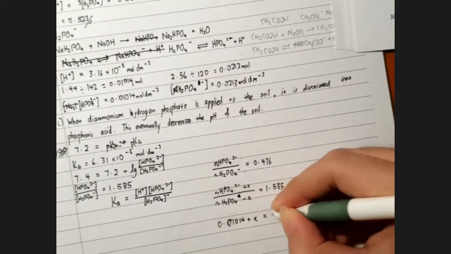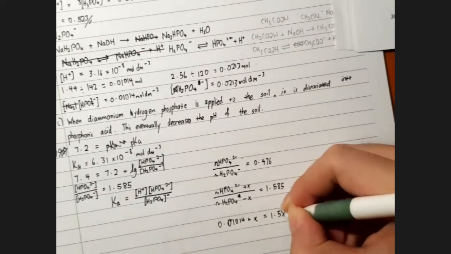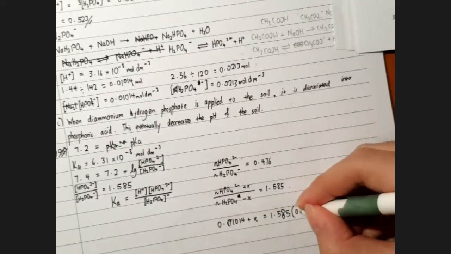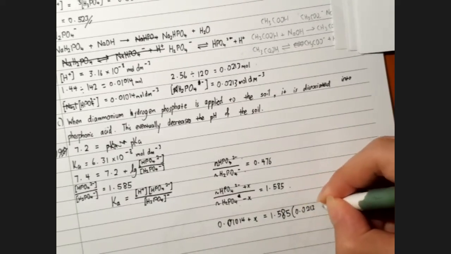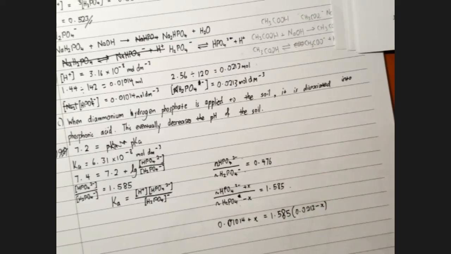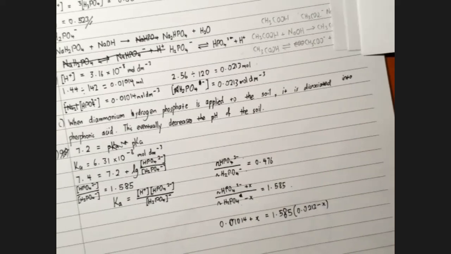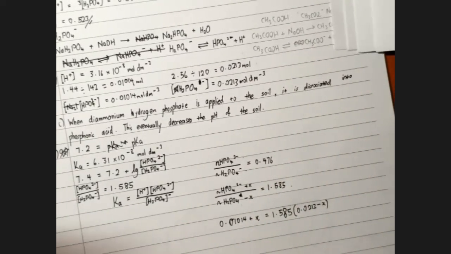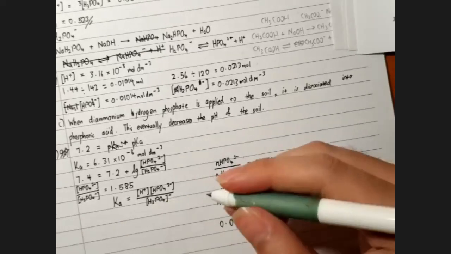X, 1.585 bracket, 0.0213 minus. Do all the x's, then hopefully find X. 1.585, 0.5585.